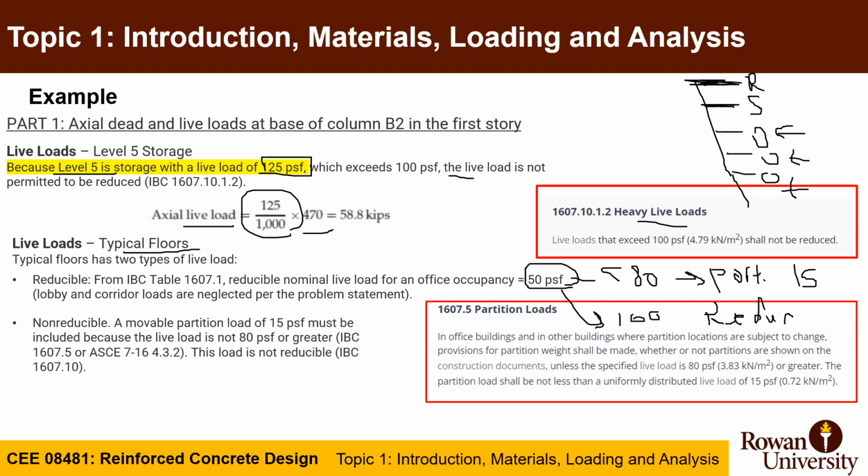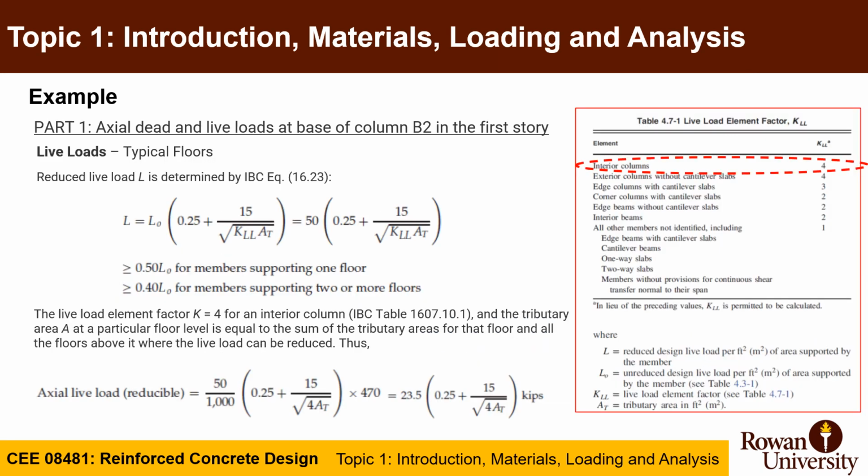You can read it here very clearly. Non-reducible 15 psf must be included as partition, and you have to reduce the 50 psf. Okay, so now let's go one by one. We know that we are dealing with an interior column, so our KLL is 4.